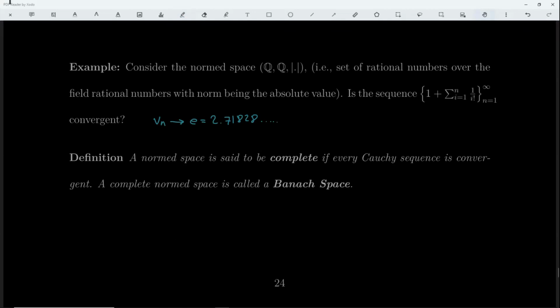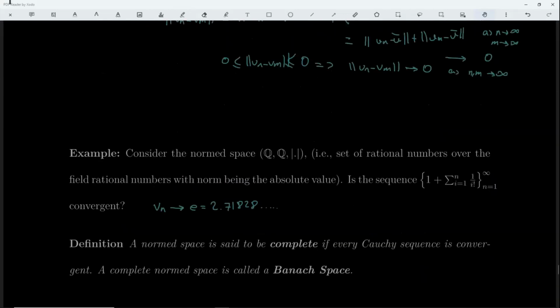But the problem is that the sequence is not convergent, because the limiting value, e, is not in our vector space. So remember, first of all, e is an irrational number, right? So e is not in our vector space Q.